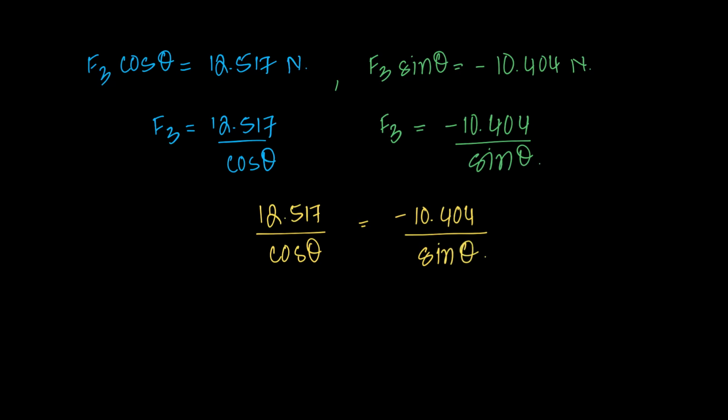And I'll take sine over there and this number over here. So I'll have sine theta over cos theta, which is just tan theta. I'll have tan theta is equal to negative 10.404 divided by 12.517.